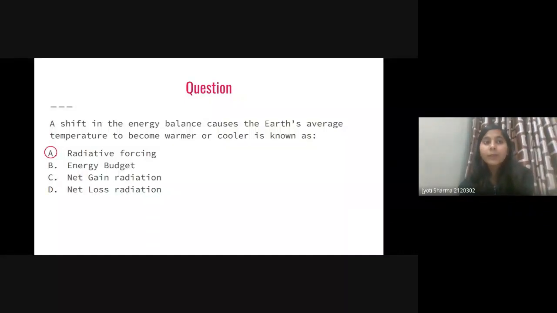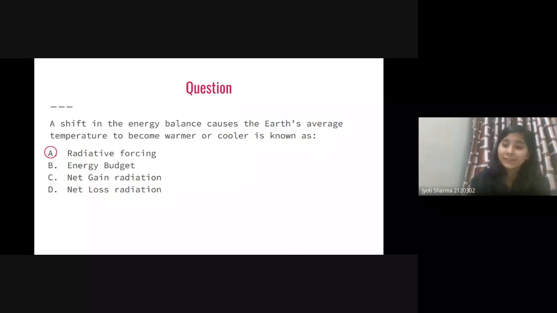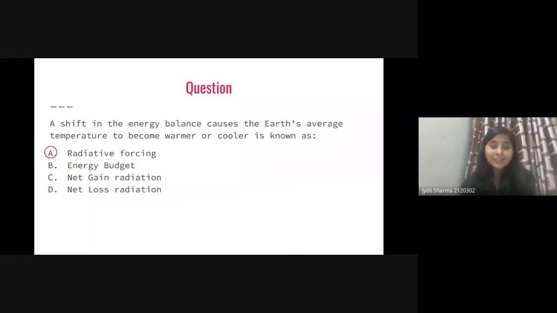For example, initially the sun is giving you 100 watt per meter square, and because of the greenhouse gases, options C and D are part of the formula. Yes, you can say it is part of the formula, but the terminology is nothing but radiative forcing.